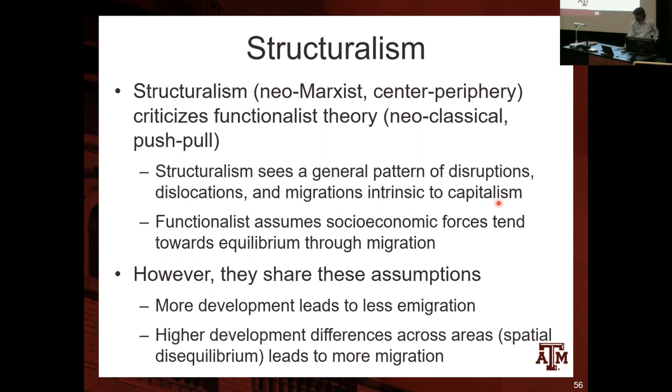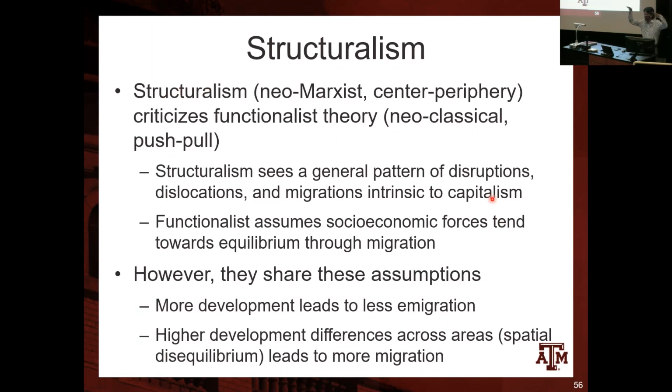The functionalist approach that we saw before assumes socioeconomic forces tend toward equilibrium through migration. As we reach that equilibrium between areas, for example within a country, migration would tend to stop. The structuralist approach says no: if you have a society, such as a capitalist society, that continues to generate poverty and inequality, migration flows will keep happening because they are related to those changes in society.